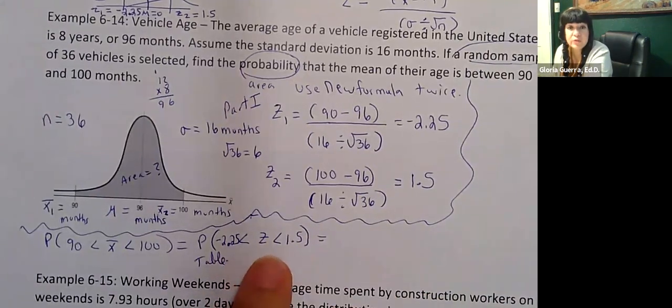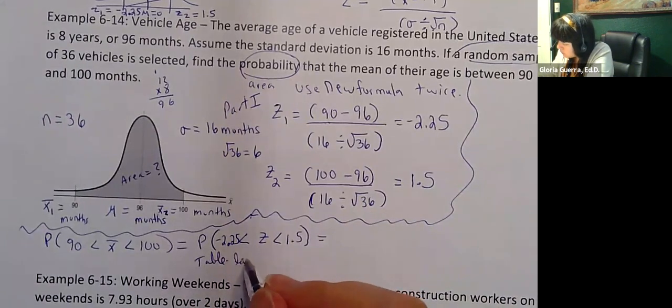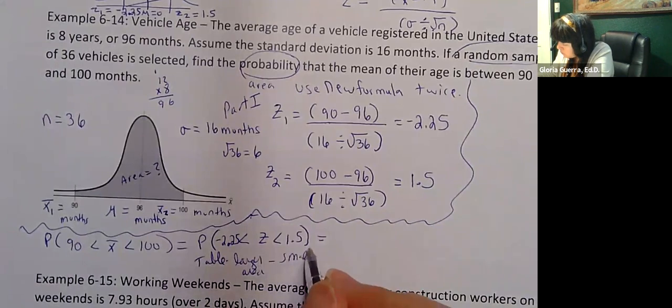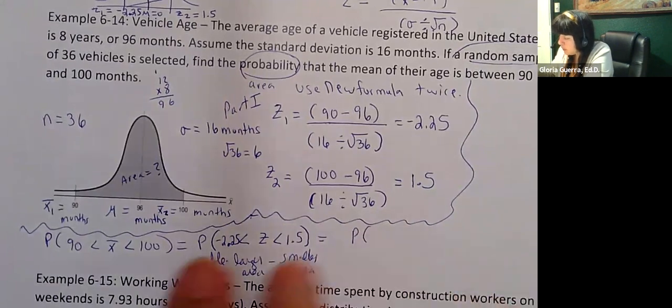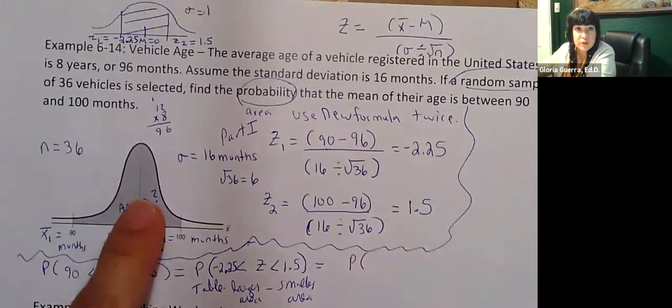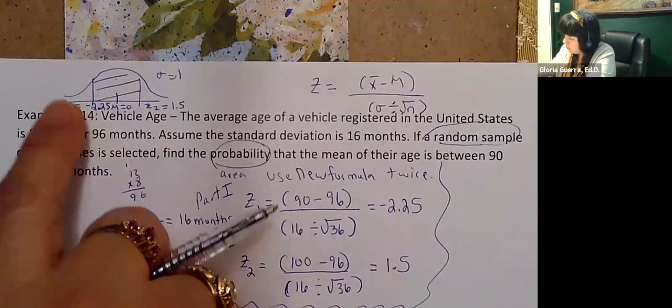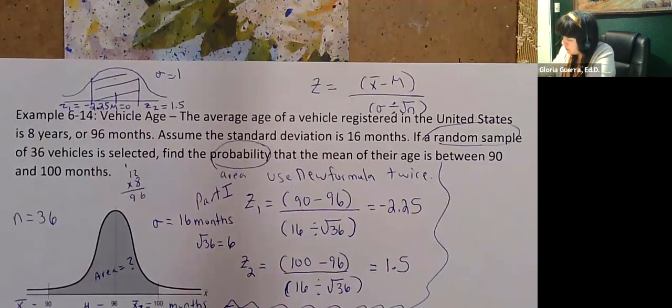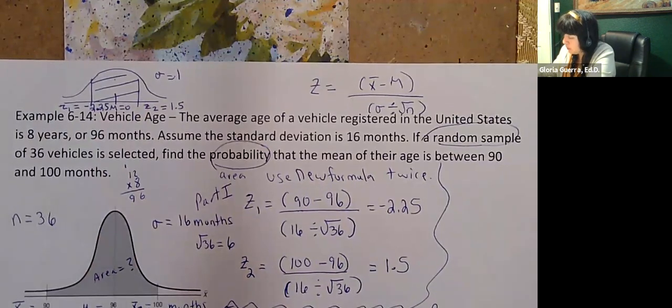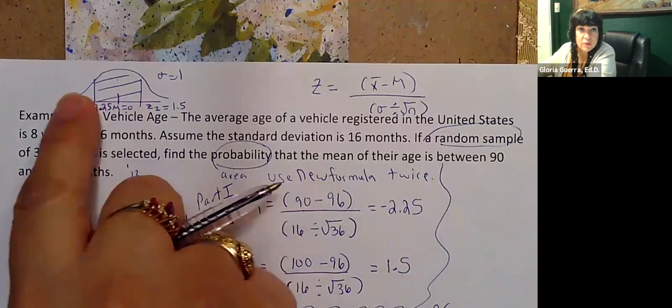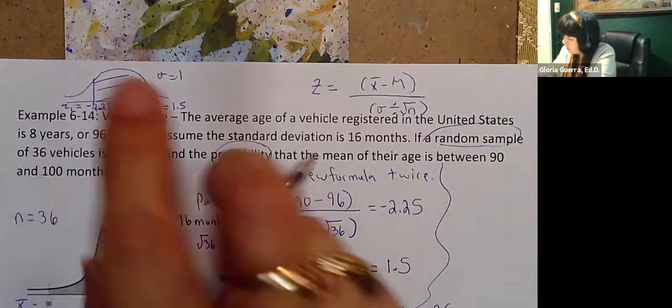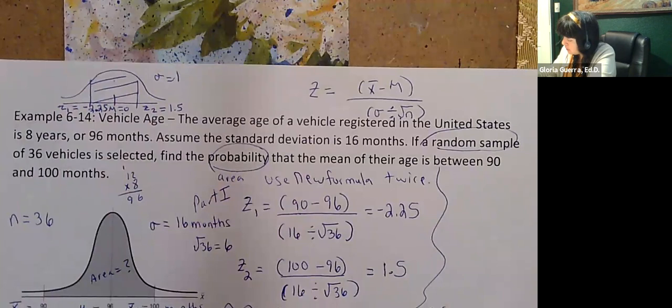And this is a sandwich. So in the table, you have to do the larger area minus the smaller area. Remember, don't look at this picture anymore, look at this. The larger area is the probability that z is less than 1.5, take away the smaller area, the probability that z is less than negative 2.25.